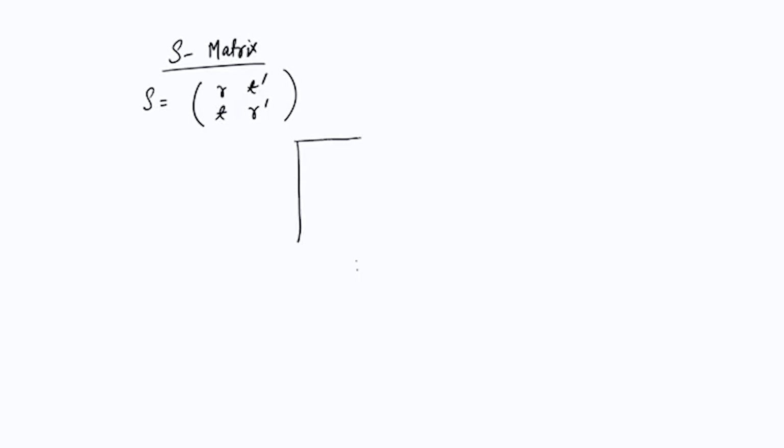So let us think of a potential, given by V of x, and you have an amplitude going inward, which is A, and an amplitude going outward, which is B. Similarly, on the other side there is an outgoing amplitude C. These are the amplitudes of the waves, and this one, which is inward, moving towards the left, is given by D.